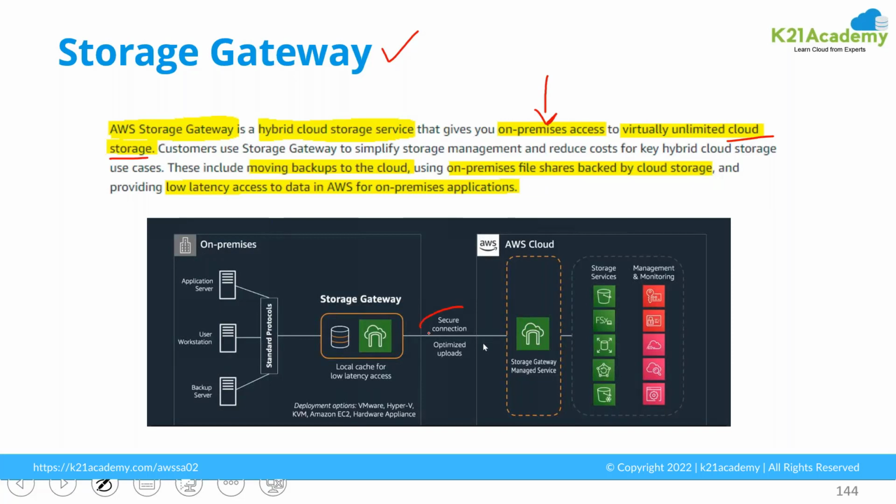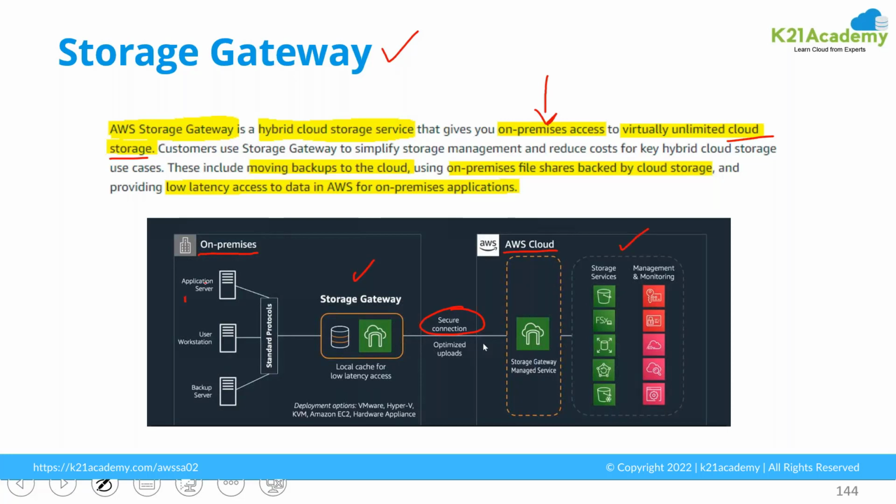It helps you to create a secure connection between your on-premise data center to your cloud data center. So whatever storages you have over here in your on-premise can be synced and connected to the storages which are available in the cloud.